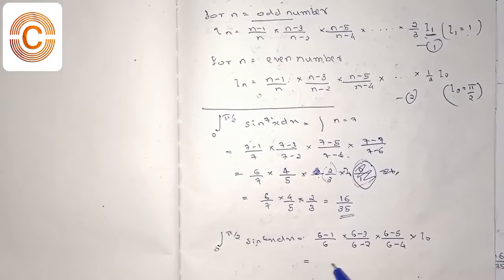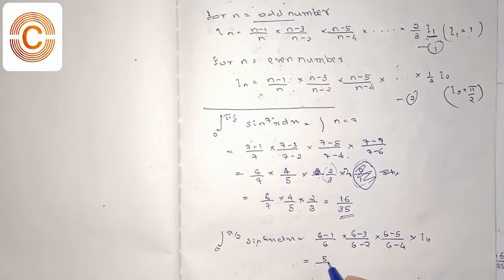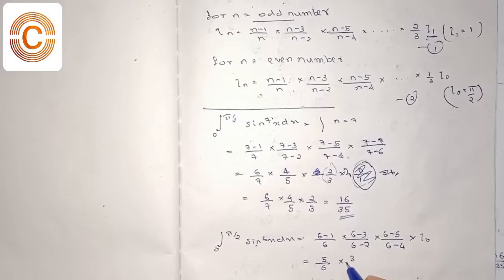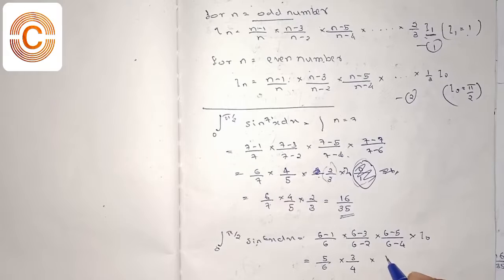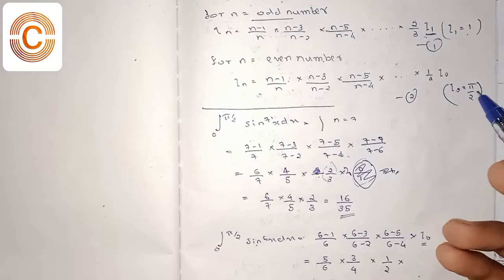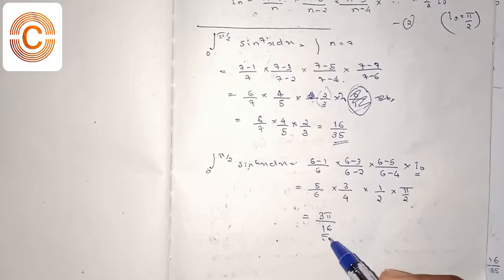That is 5 divided by 6 into 3 divided by 4 into 1 divided by 2 into I0. The value of I0 is equal to pi by 2, so putting pi by 2 here, we get the final answer as 3 pi divided by 16.